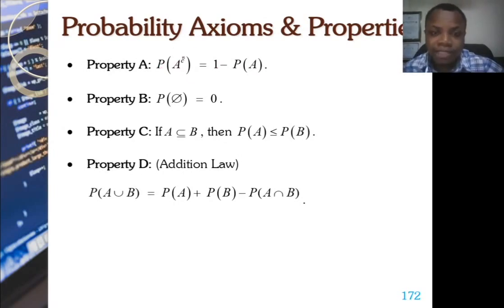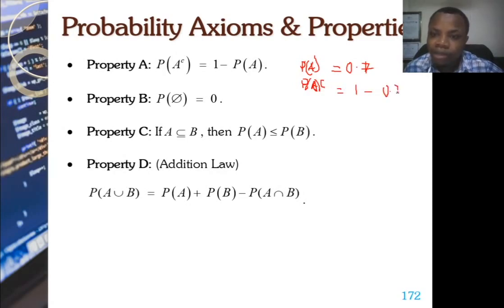So if A complement refers to anything that is not located in the event A, it suffices to say that the probability of A complement is equal to 1 minus the probability of A. So in this same case, if we have, let's say, a probability of A equal to 0.7, now the probability of A complement should be equal to 1 minus 0.7, and the probability of A complement is going to give you 0.3.